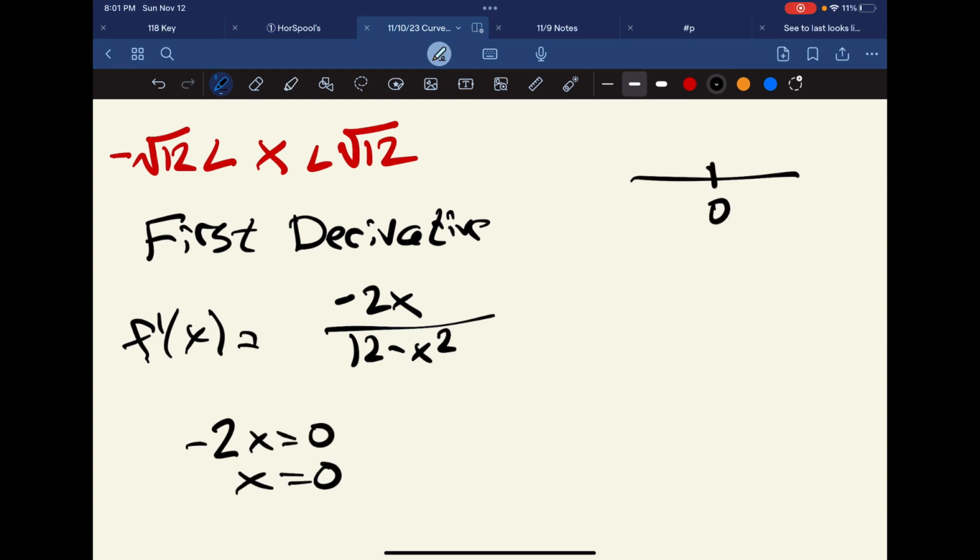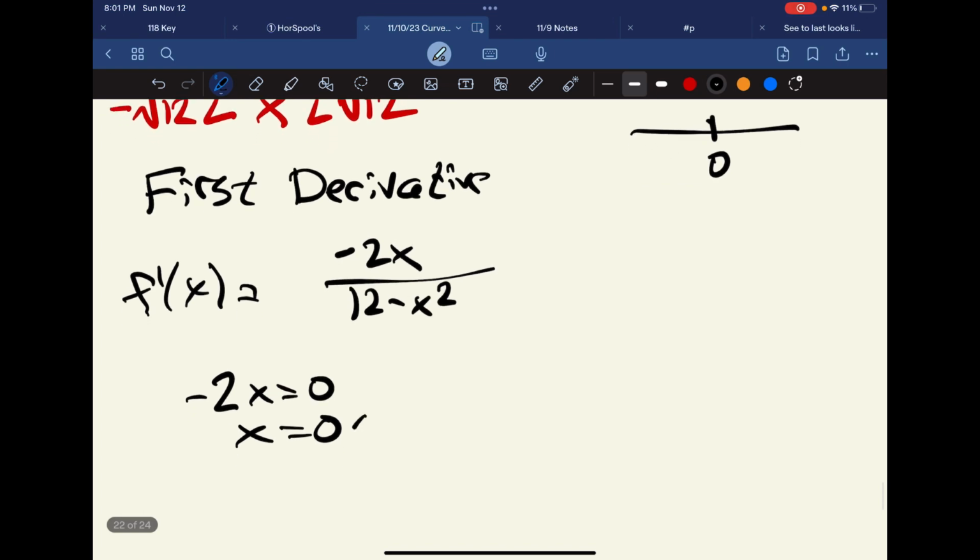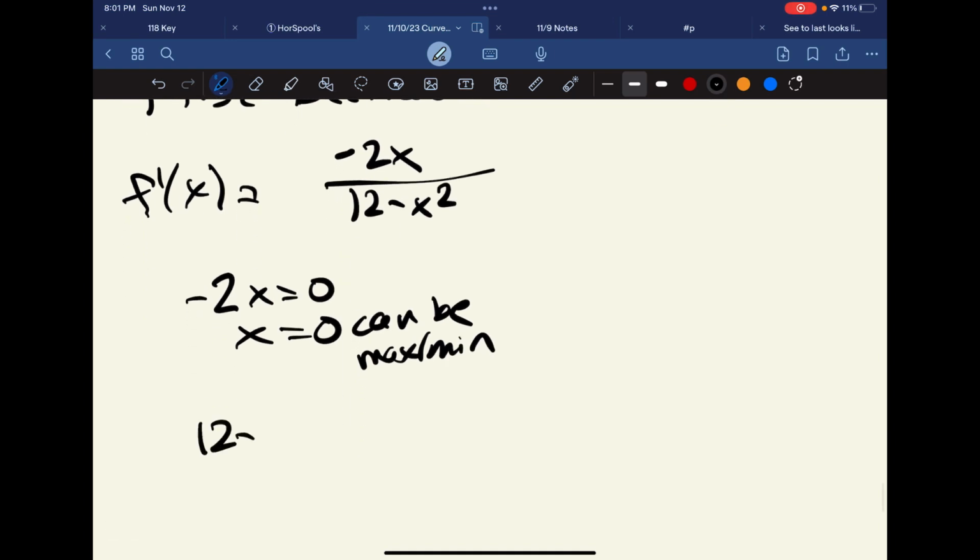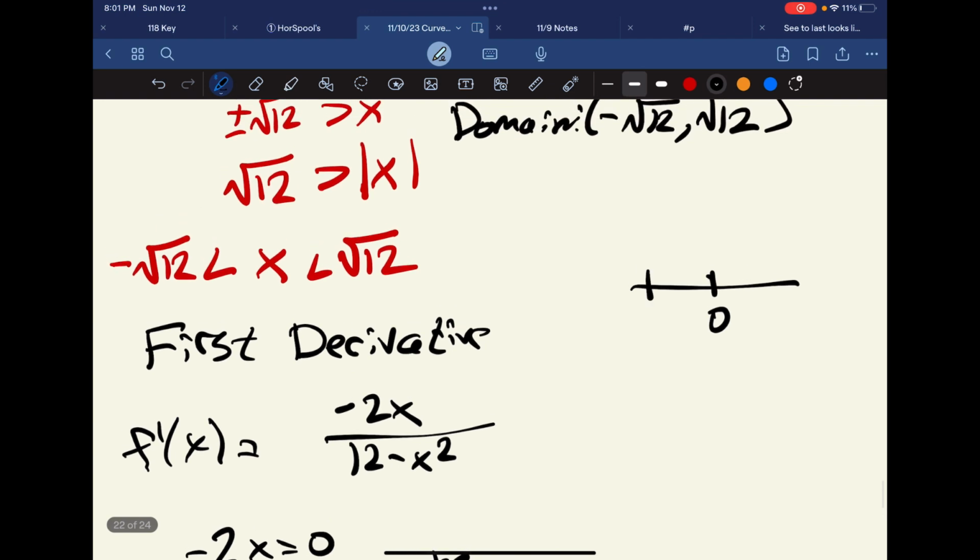So we have x equals 0, and that can be a max or a min, because we got it from the numerator. As opposed to if we got it from the denominator, then these are vertical asymptotes of the first derivative, so they are not eligible to be maxes, nor are they eligible to be mins.